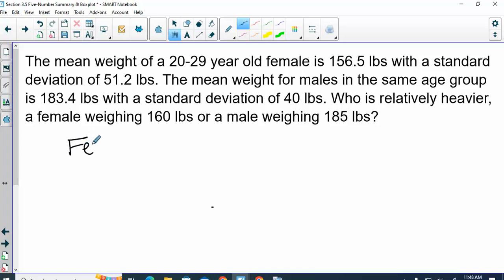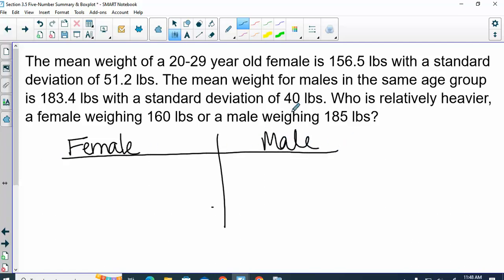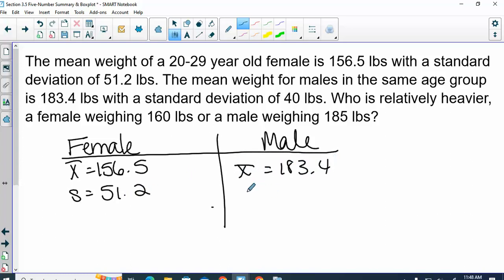So we have the female. The mean for the female was 156.5, standard deviation 51.2. Male mean was 183.4, standard deviation of 40.